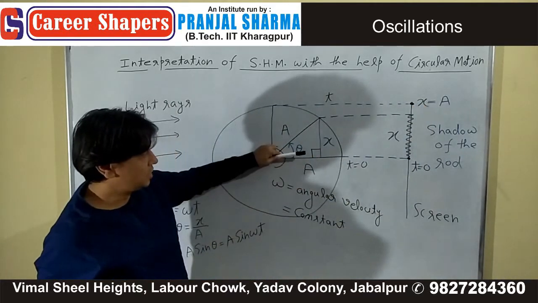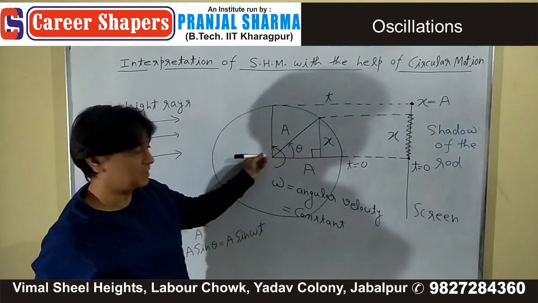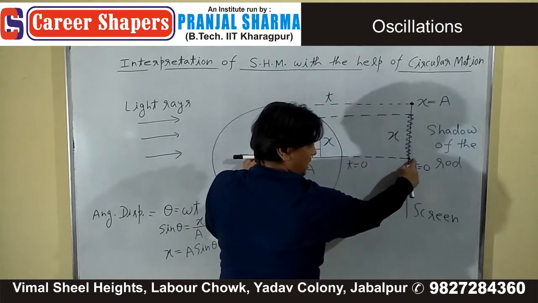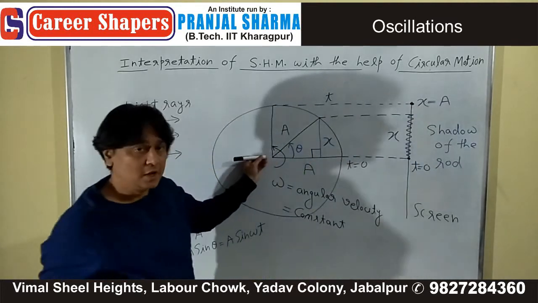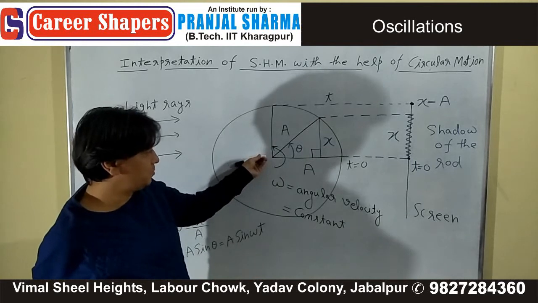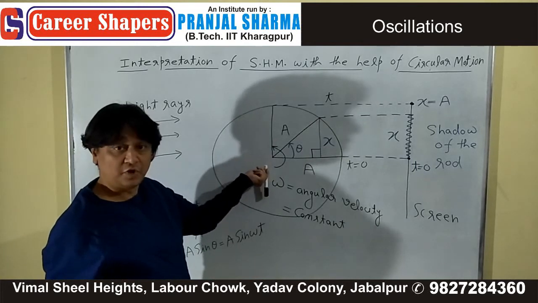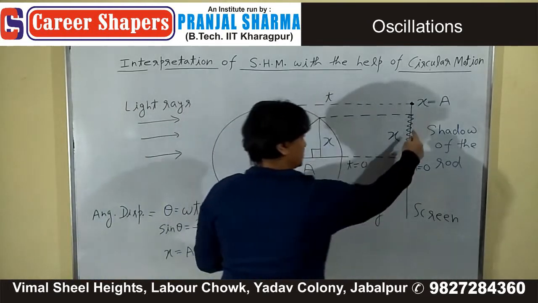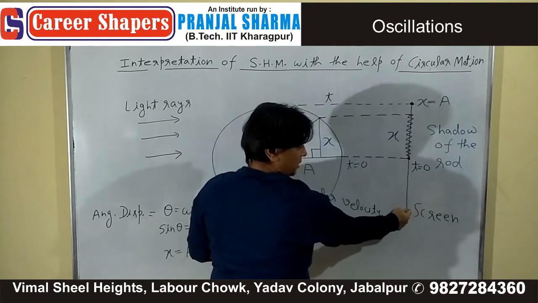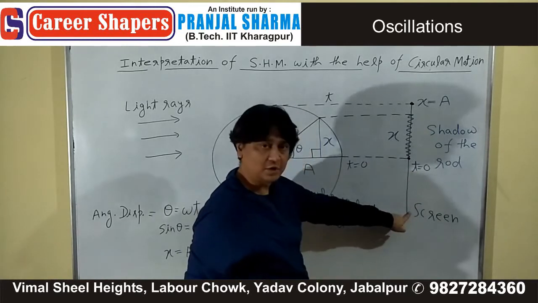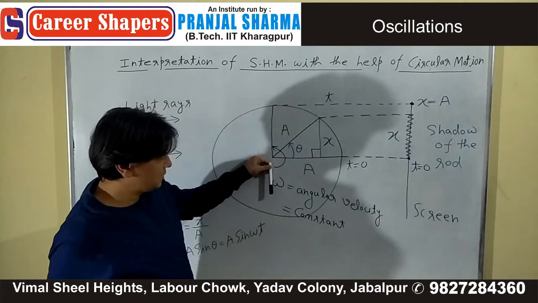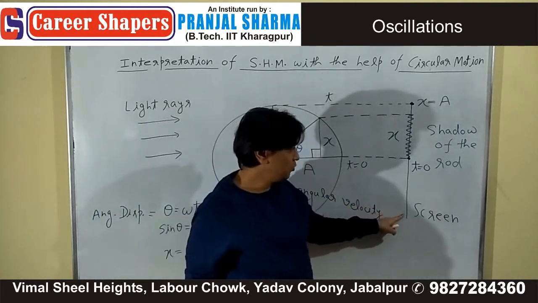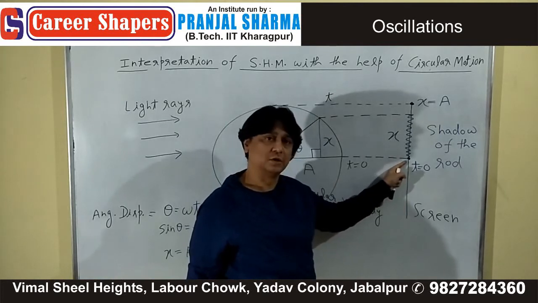When rod completes half circle, tip of shadow will be again at this position. Now when this rod further completes 3/4 circle, you can see that this tip will be now over here at this position. And finally, when rod completes a full circle, tip of shadow will arrive back at this position.